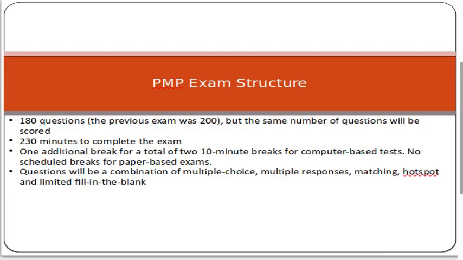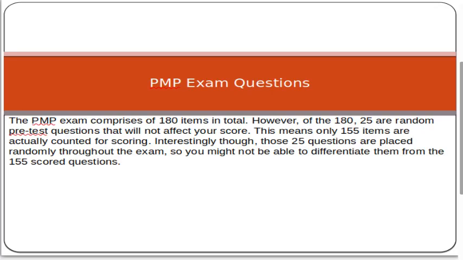Here, remember one thing. Just a tip: 180 questions are in total. However, it is a well-known fact that 25 of them are random pre-test questions that will not affect your score. That means only 155 items are actually counted for scoring.